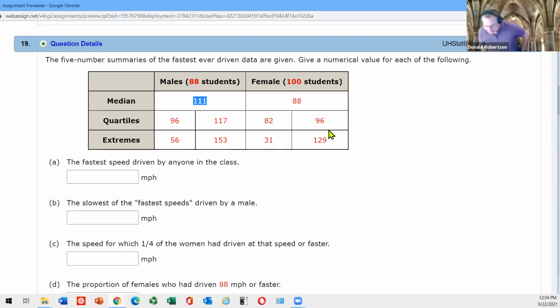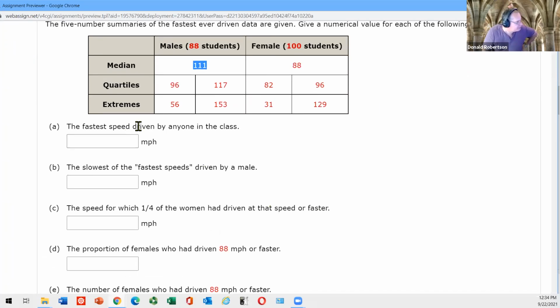In this case, we don't need to think about turning things into percentages, like what percentage said this or what percentage done that, directly at least, right? Although it would be helpful. We could just look at the value itself, right? So the fastest speed driven by anyone, well, I would say it was 153.